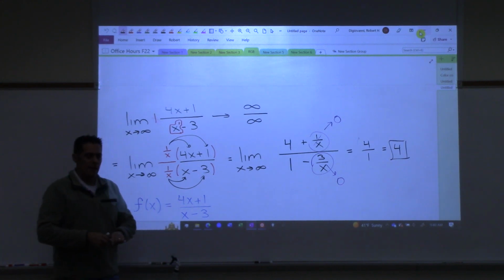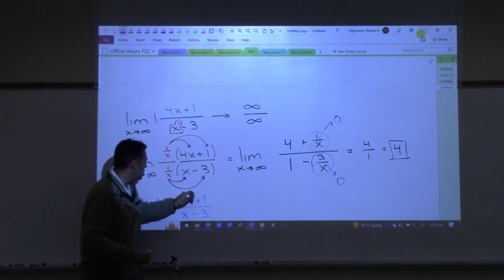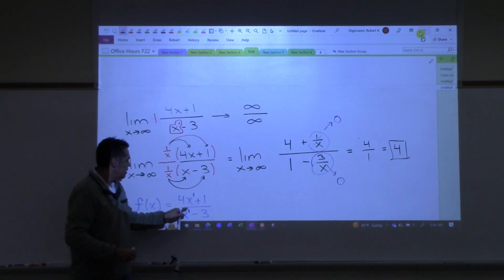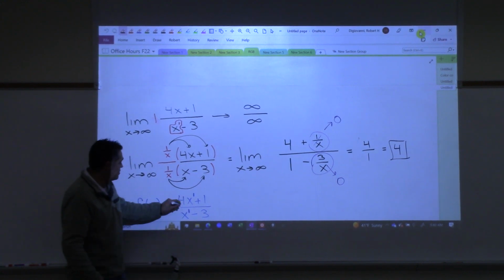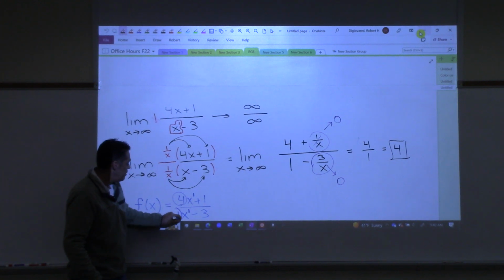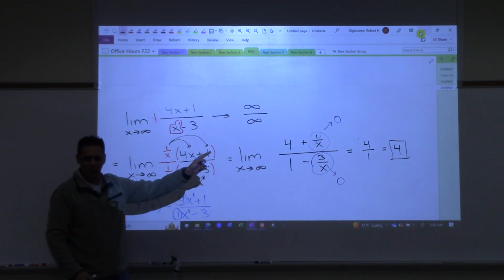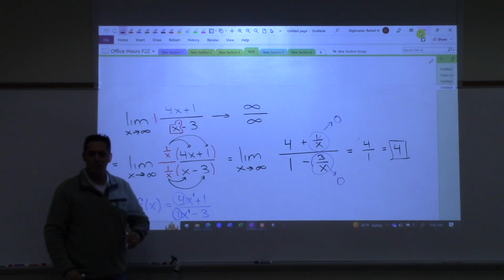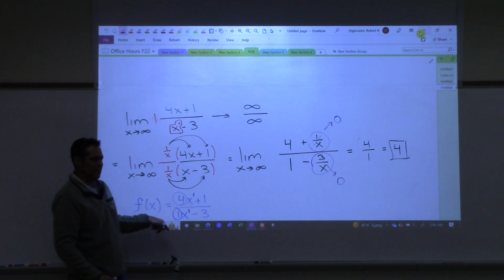Different teachers teach it different ways, but one way is to look at the degree of the numerator and denominator. If they're the same, your horizontal asymptote is this number divided by the number in front of that. Do y'all remember seeing that in college algebra? That's basically what we just did, but we're doing it with limits, as opposed to just doing it blindly without understanding why.